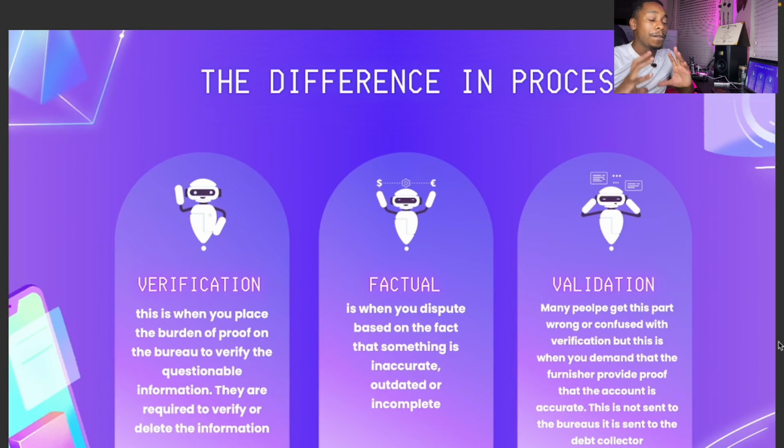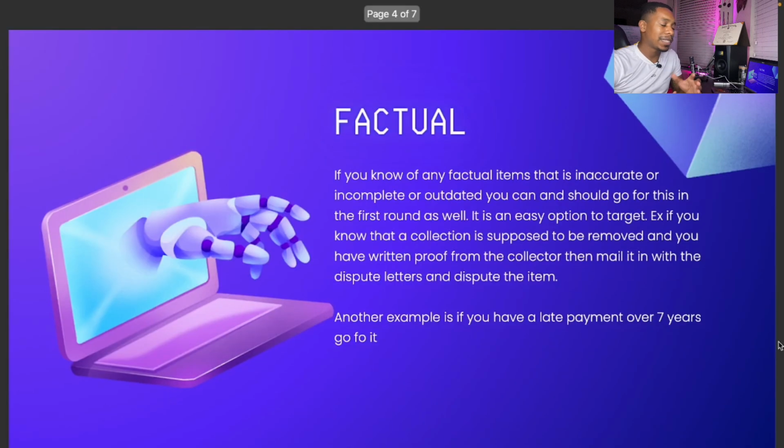So validation is when you're seeking validation on an actual item that's there. Hopefully that made sense between verification and validation. The most important part on validation is that you're validating with the furnishers and not with the bureaus.